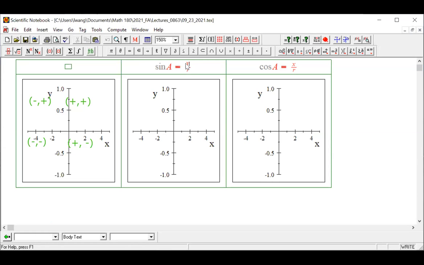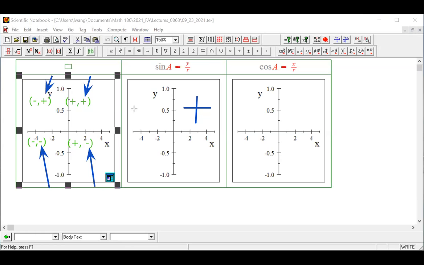So whenever y is positive, sine is positive. Do you guys follow me? So sine is positive, positive, negative, negative. You follow me?